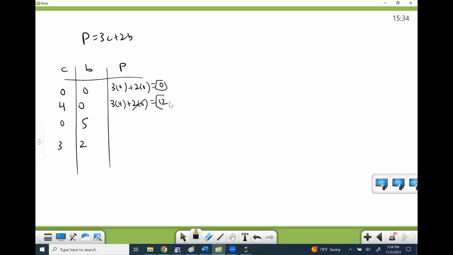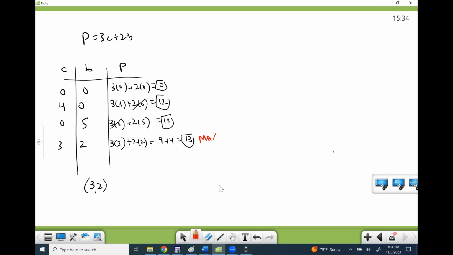I'm going to substitute a 0 in for the first one, 5 in, that goes away, so just 10. And I'm going to substitute a 3 in and a 2 in, which gives me 9 plus 4, which gives me 13. Okay, so it looks like the point that will maximize is 3, 2, right? That's going to give us the maximum profit.